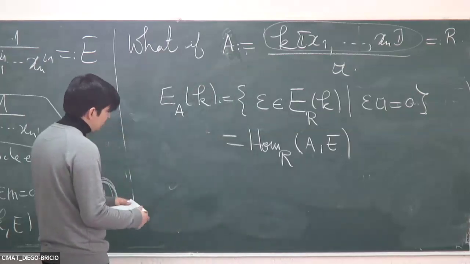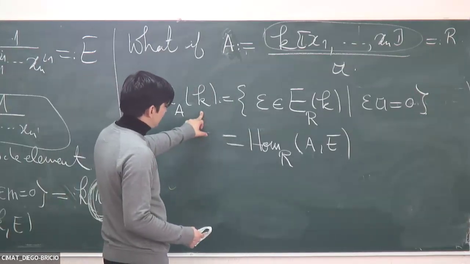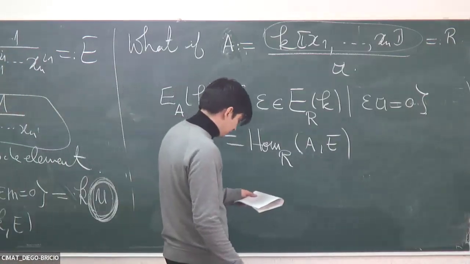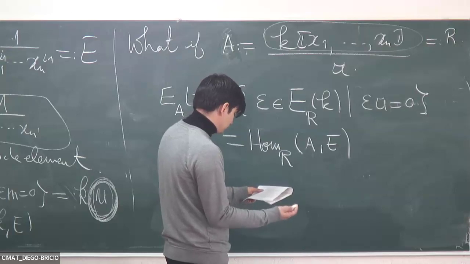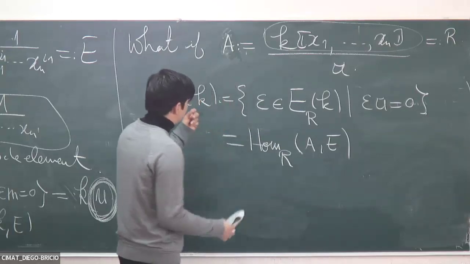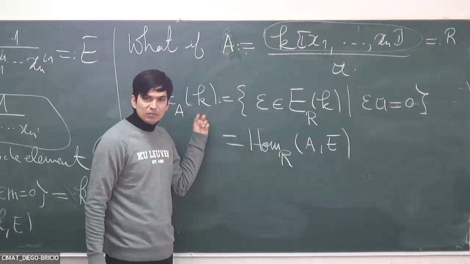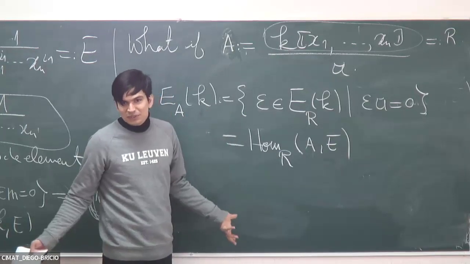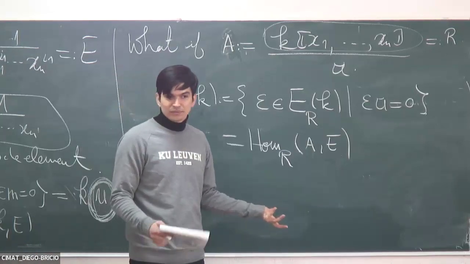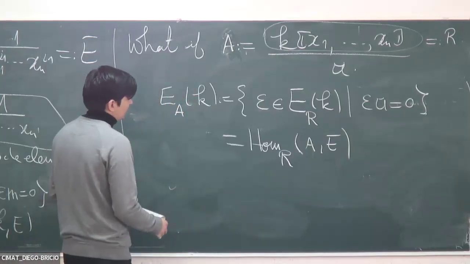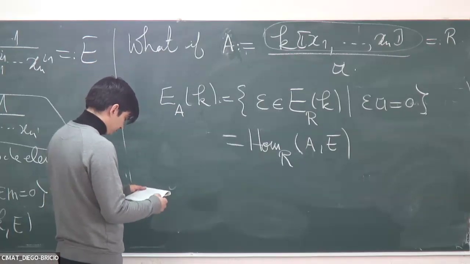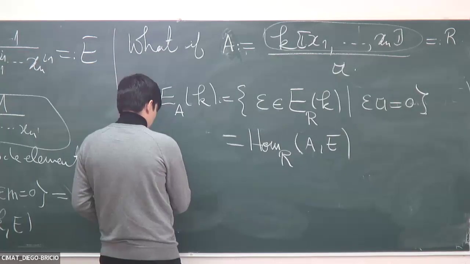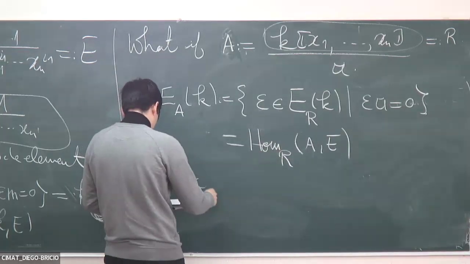Okay? It actually generalizes this property here. It's a generalization of that, and you can prove it. This is something you can check directly. It's an exercise. This module here is automatically an R modulo A module. It is injective, and it is an injective hull of the residue field as an R modulo A module. And actually, it's hitting you in the face.